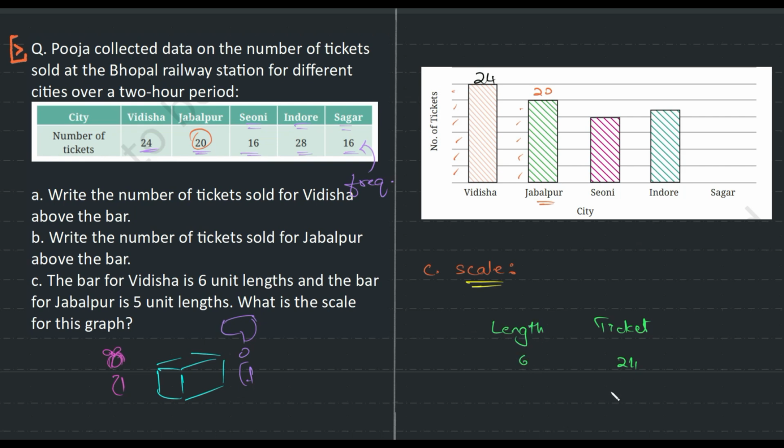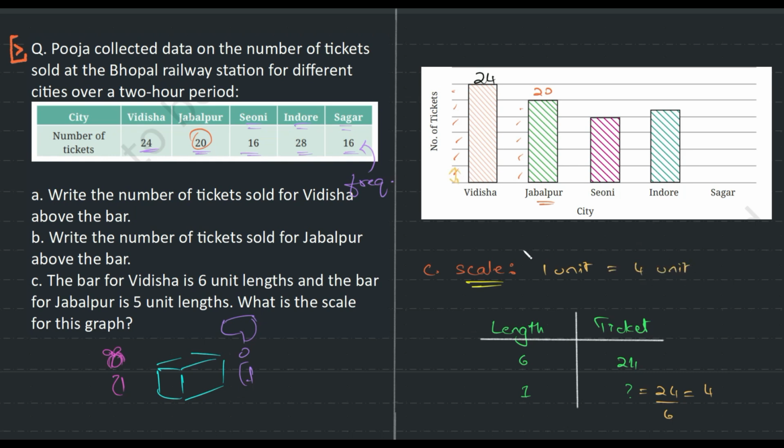If this is the case, one length will represent how many tickets? How do you do this? Clearly, in this case, we have to use division. Division of what? Correct. This will be 24 by 6, which is basically 4 tickets. So the scale is 1 unit, that is 1 of this length, will measure 4 units.